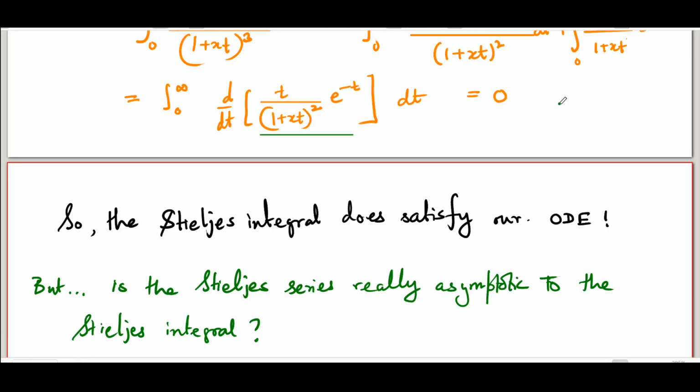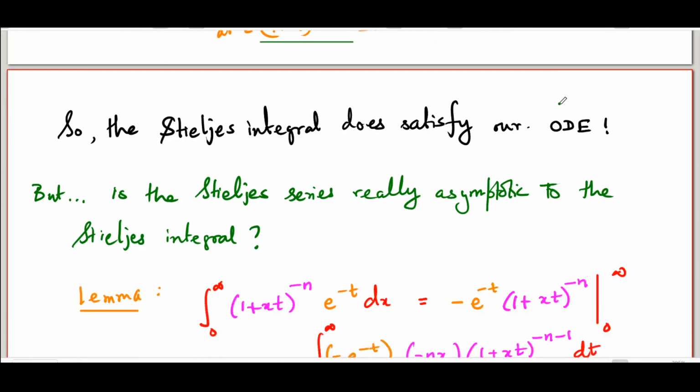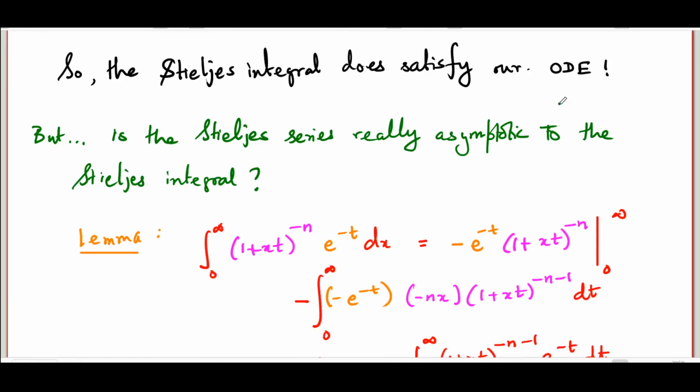But because of the two dubious steps that we carried out earlier, it could be legitimate to doubt whether the Stieltjes series really is asymptotic to the Stieltjes integral or not. But once we have the form for the Stieltjes integral, it's actually pretty easy to show that the Stieltjes series is asymptotic to it. In order to show that, we need a very, very simple result, which is the following.